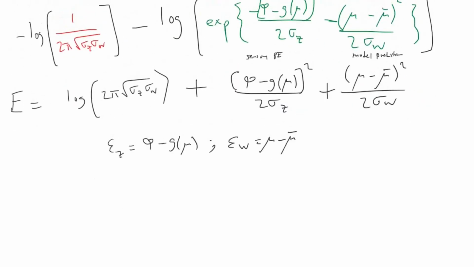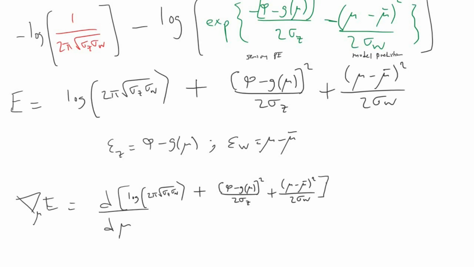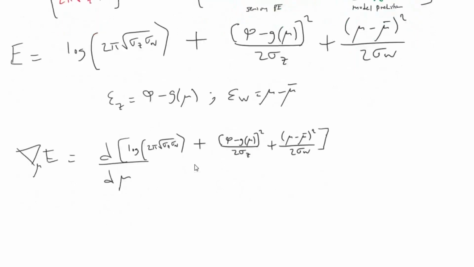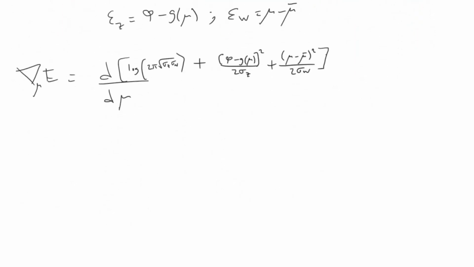Our interest now is to find the gradient of E with respect to mu. We'd like to change mu so that E is minimized, and so we are going to look at the gradient of E. To do that, we'll take the derivative with respect to mu of the whole expression up here. So it looks like this, and the derivative of the first term is going to be 0, because there's no mu in here, so this goes away. Now let's look at the derivatives for each of these separately.